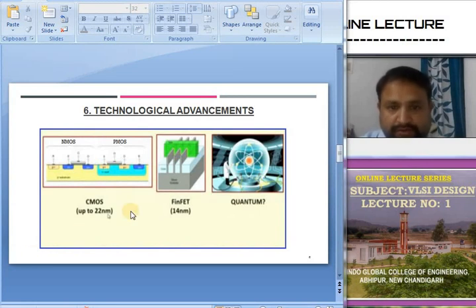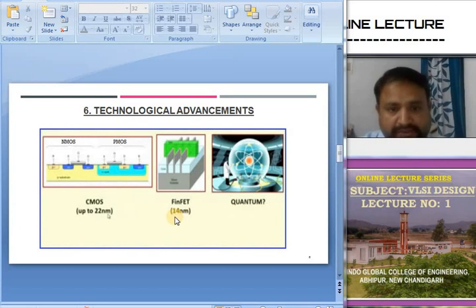Similarly, we have shown one of the popular ways called FinFET, which is as small as 50 nanometer in dimensionality, and using quantum sciences, the FinFET 14 nanometer technology is going to be very small, but of course a lot of work needs to be done.